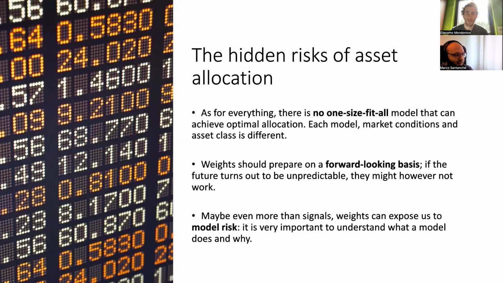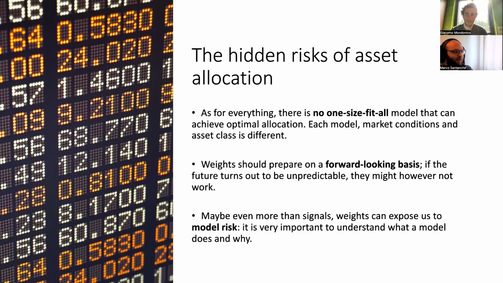And of course, more than signals, weights can expose us to model risk. Why more than signals? Well, it depends on the model again, but signals can normally be controlled by weights. But if we invest wrongly in weights, yes, we can have some stop losses or some other system, but model risk is there, and it's very important because if the model overestimates or underestimates the risk contribution of an asset, we will probably get a lot of exposure to an asset which we actually shouldn't invest that much in, in particular because of risk.